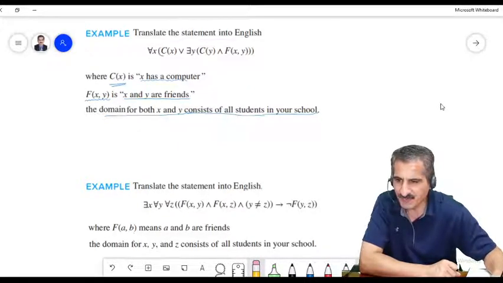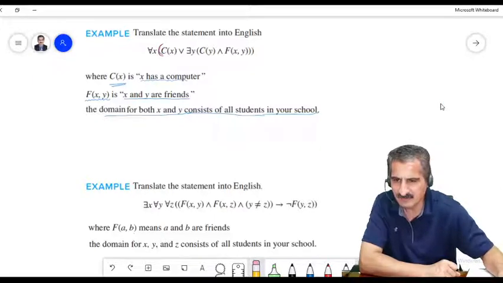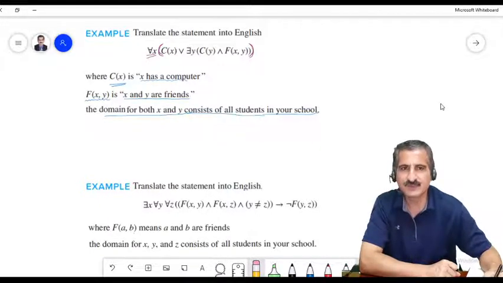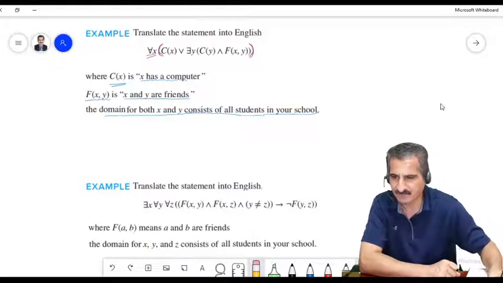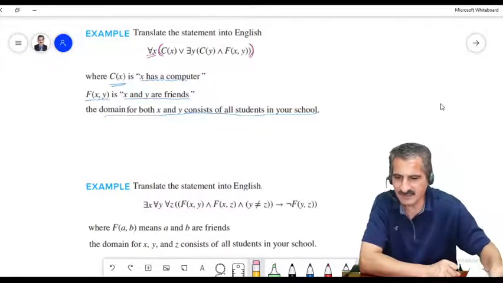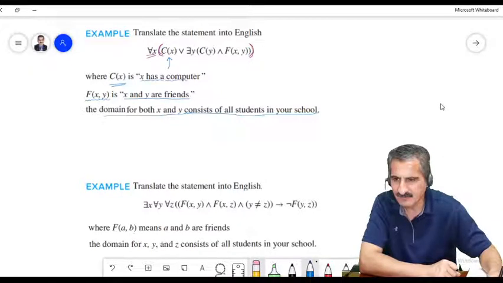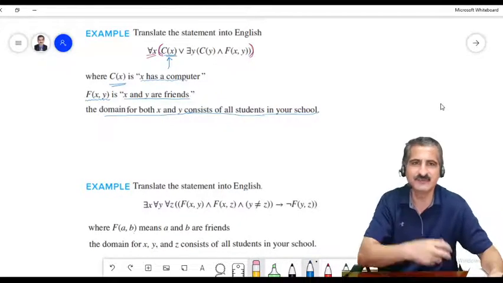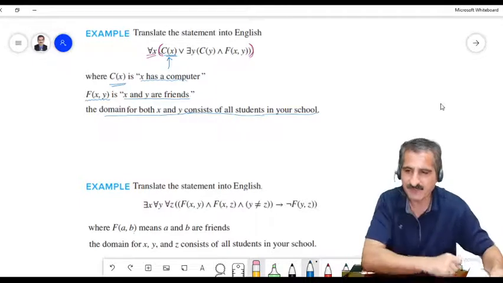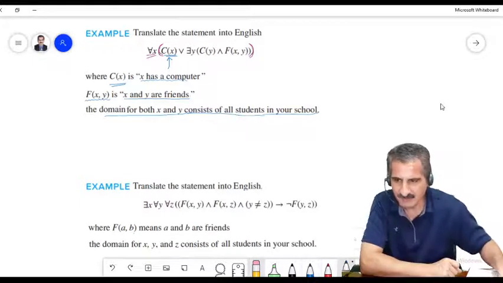Now it says for every x, so this parentheses with purple indicates the statement that comes inside the quantifier every x. So every x, this C here means x has a computer. So every x has a computer, but here we will look at this.